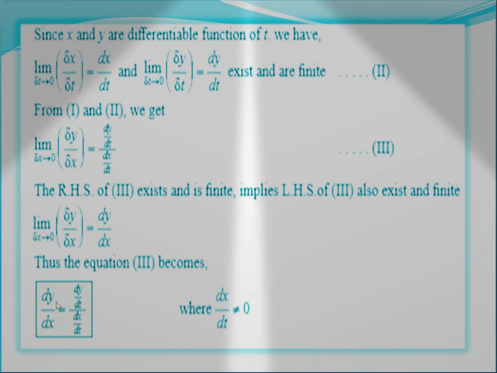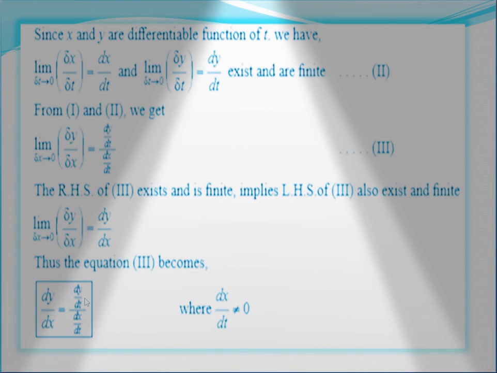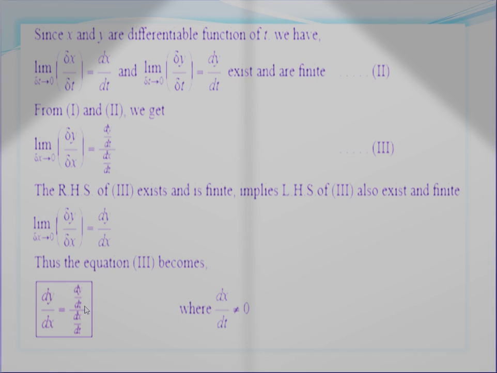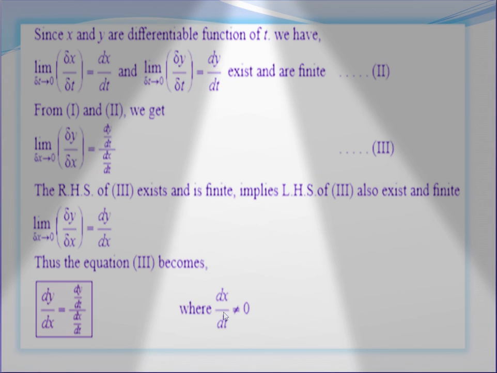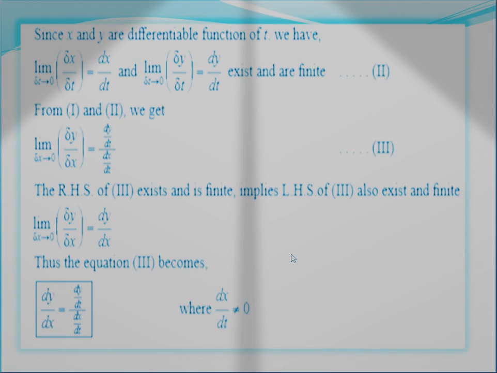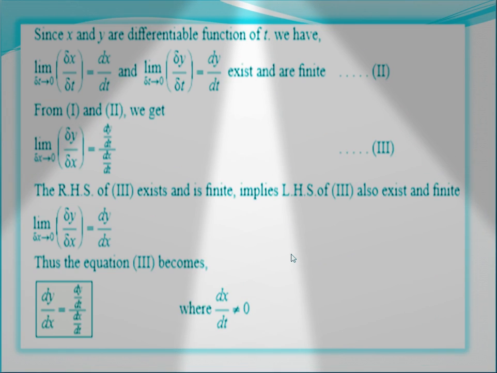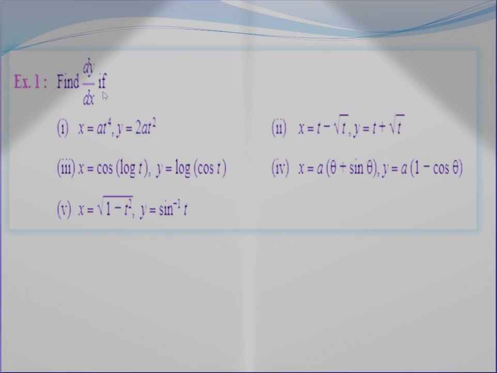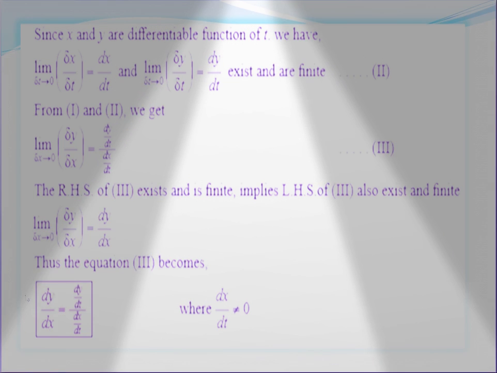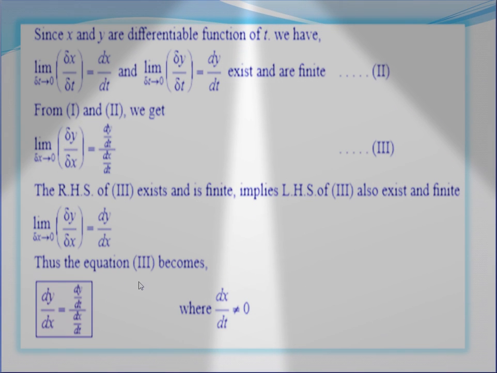Therefore, we get dy upon dx equal to dy upon dt upon dx upon dt, where dx upon dt is not equal to 0. Now this equation, dy upon dx equal to dy upon dt upon dx upon dt, is also called the parametric rule.